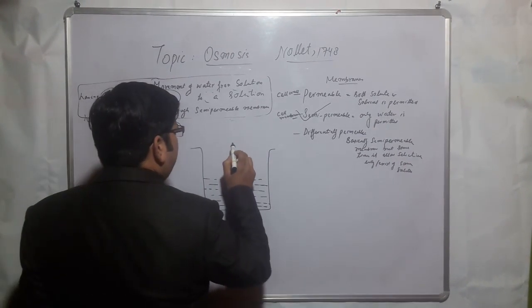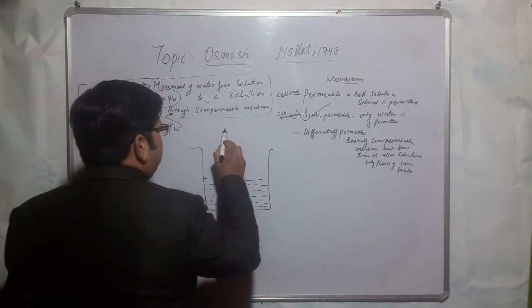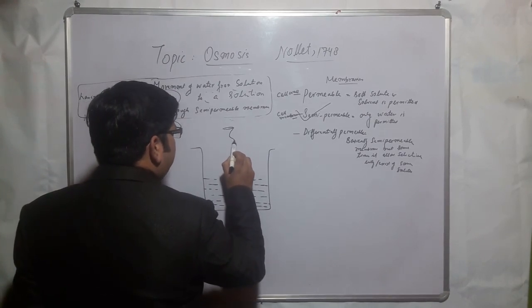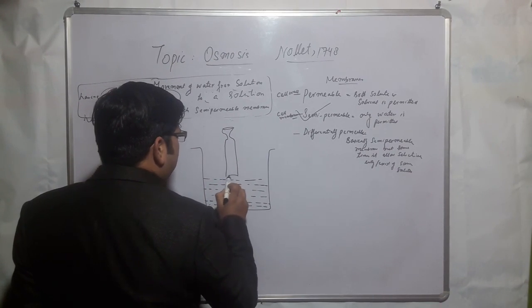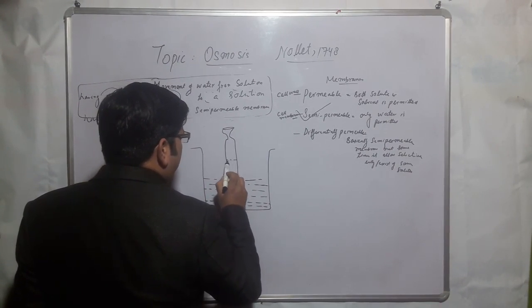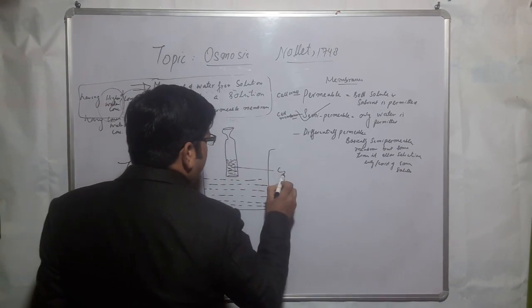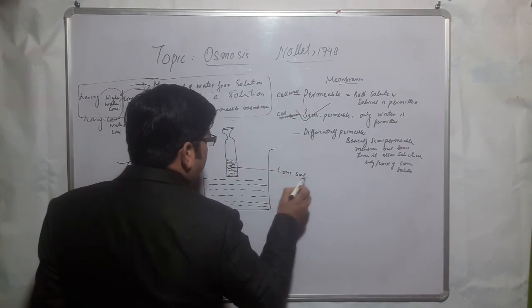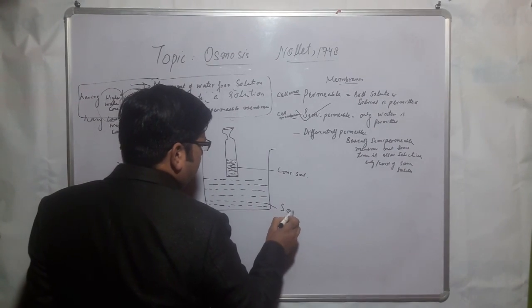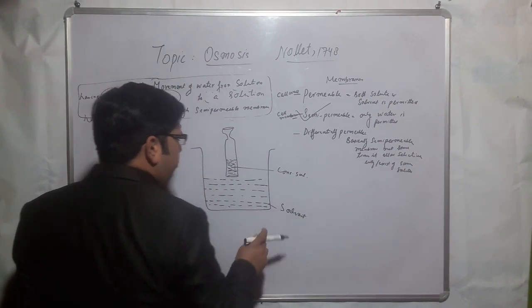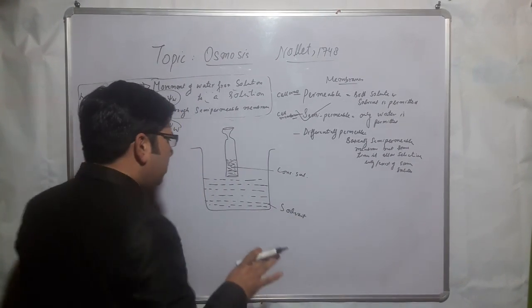We use a flask upside down. So suppose this is a kind of plastic upside down. In this plastic we are filling highly concentrated solution. So this is concentrated solution, and this is solvent, less concentrated or simply water.